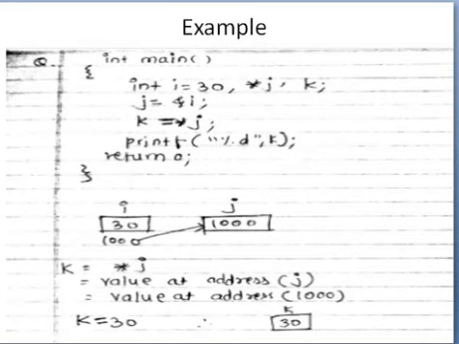Star is an operator known as the value at address operator. So the value at address 1000 is 30. Therefore, it gives output as 30.